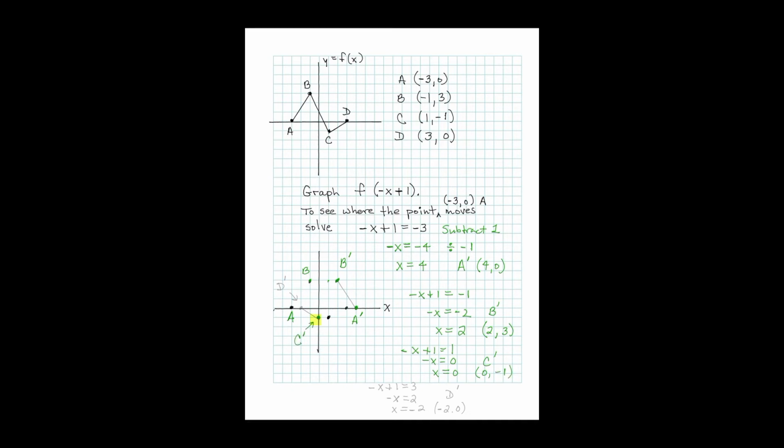And then the last point, D, has x coordinate 3, so setting negative x plus 1 equal to 3, we're going to subtract 1, we get negative x equals 2, and then divide by -1 and we get x equals -2. So D prime is at -2, 0.